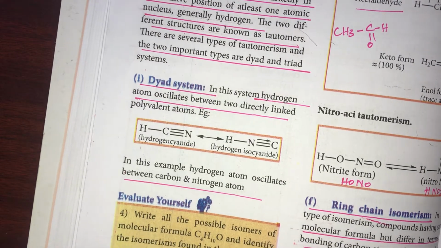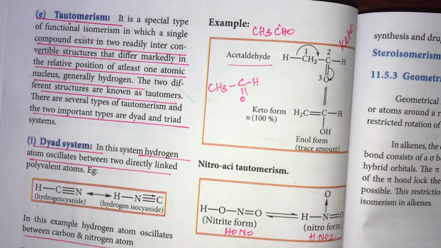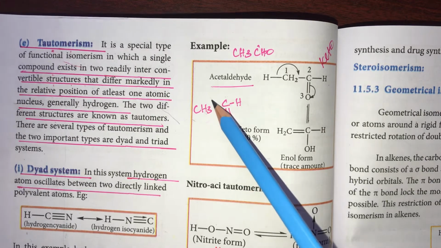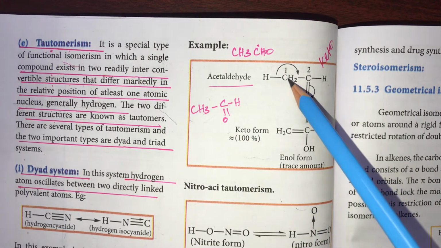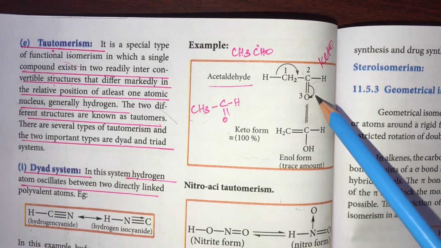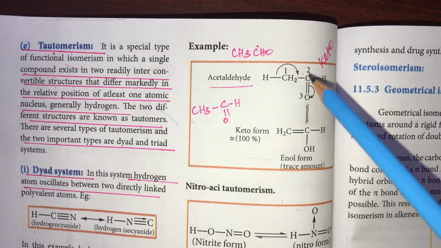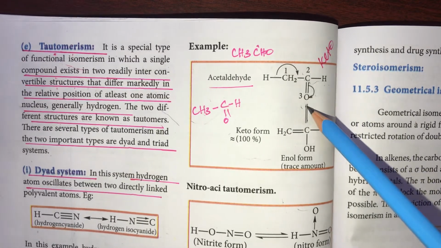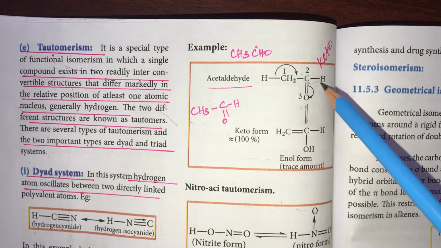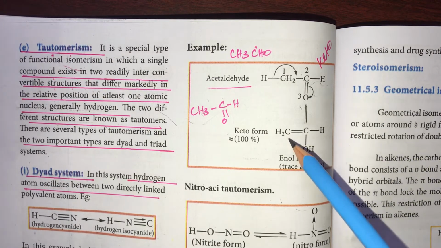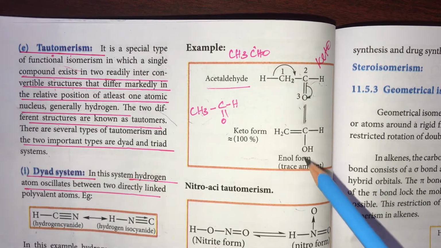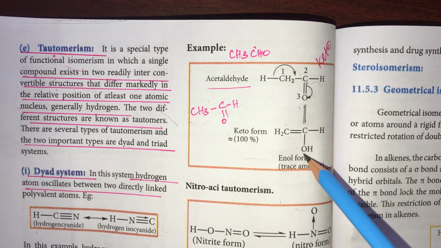Next one is the triad system, exhibiting keto and enol forms, for example acetaldehyde CH3CHO. Here the position of hydrogen can be interconverted. In CH3CHO, the hydrogen transferred from the carbon gives the keto form. If it is transferred the other way, it becomes CH2 double bond CH with OH, the enol form.